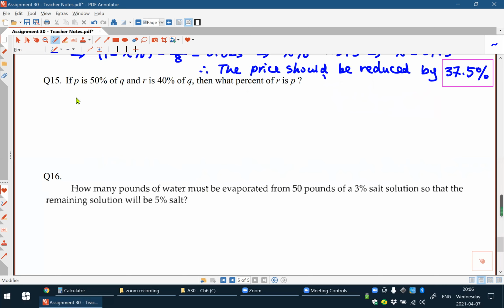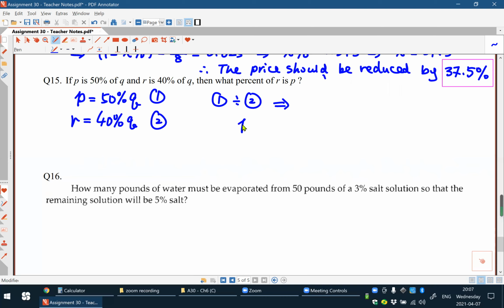Okay, so first of all, we know that P is 50% of Q. We also know that R is 40% of Q. So how do we establish the relationship between P and R? We can simply use the first equation divided by the second equation, right?